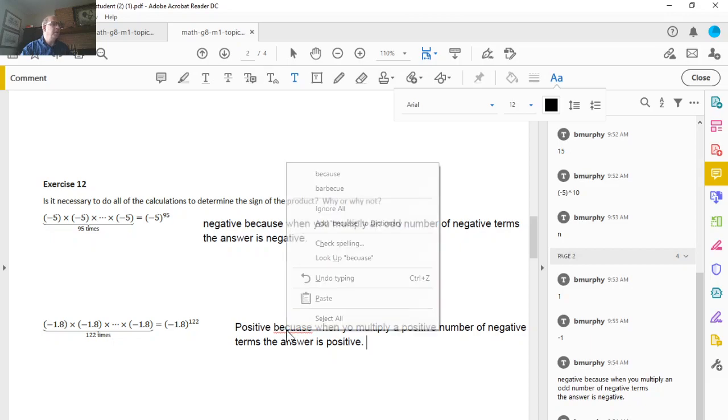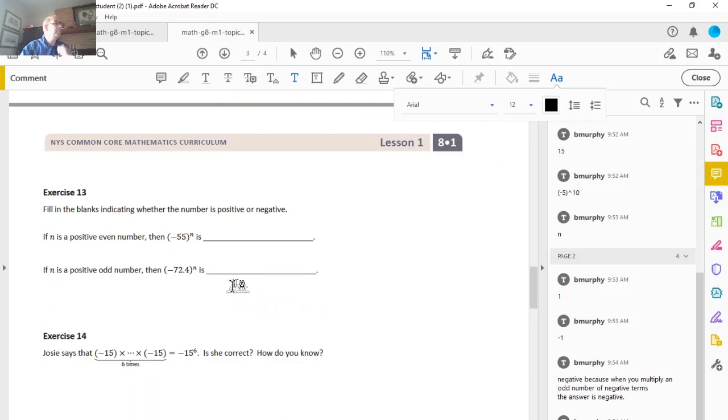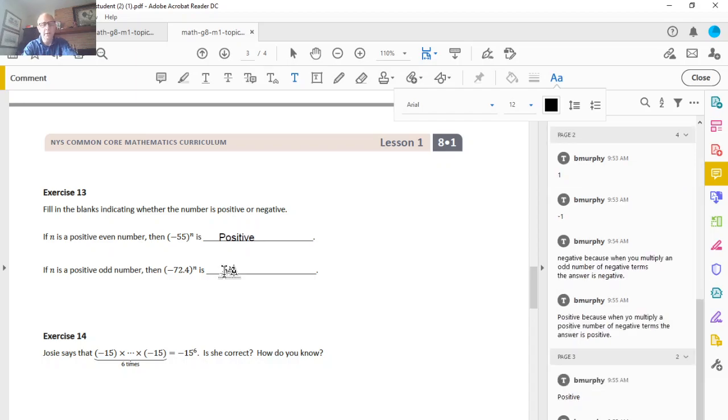Okay, so there we go. That's the lesson. If n is a positive even number, then negative 55 to the n is going to be positive. And if n is a positive odd number, then negative 74 to the n is going to be negative.